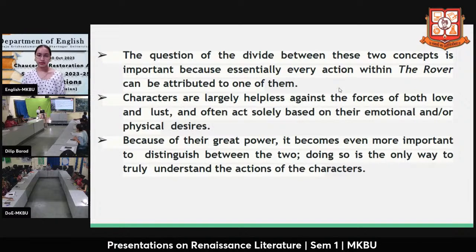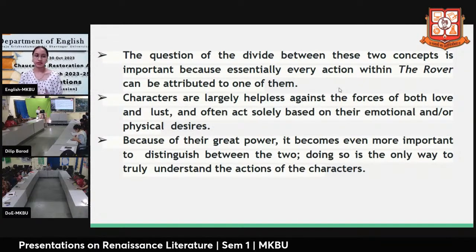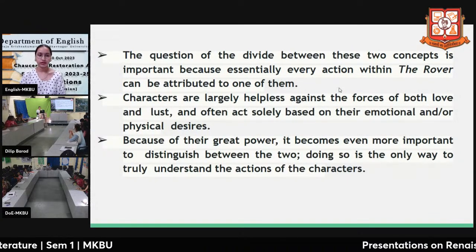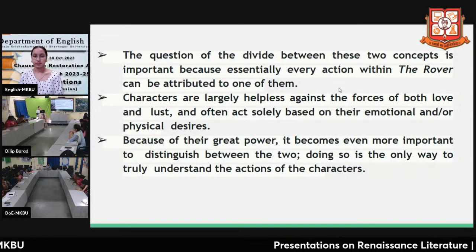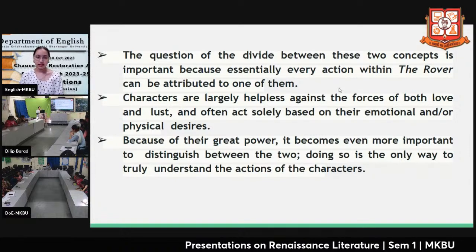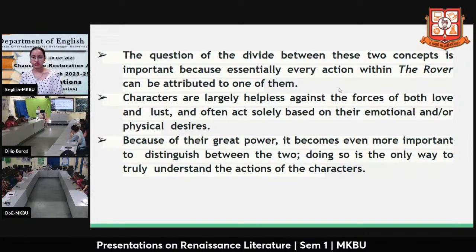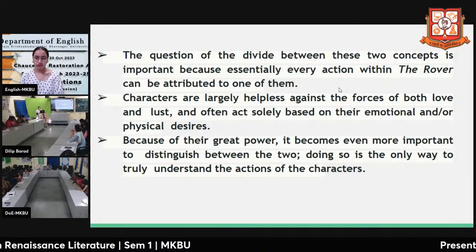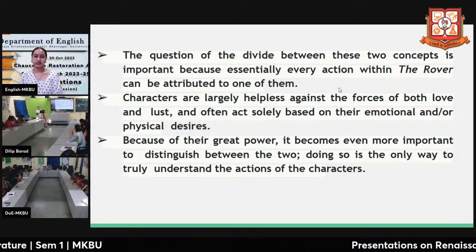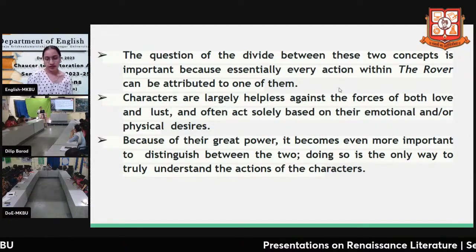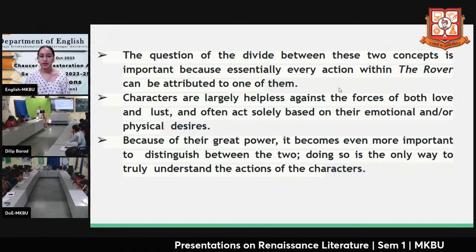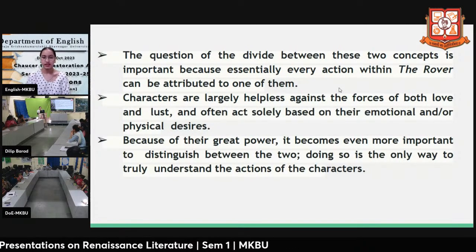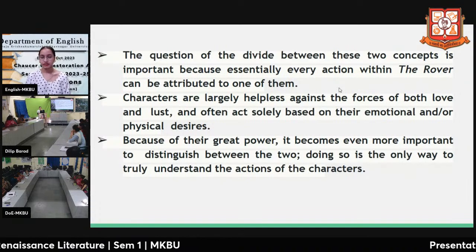The question of the divide between these two concepts is important because essentially every action within The Rover can be attributed to one of them. Characters are largely helpless against the forces of both love and lust, often acting solely based on their emotional and or physical desires. Because of their great power, it becomes even more important to distinguish between the two. Doing so is the only way to truly understand the actions of the characters.